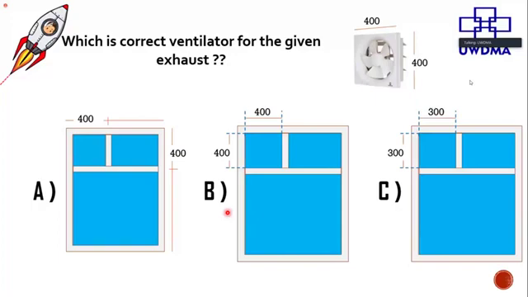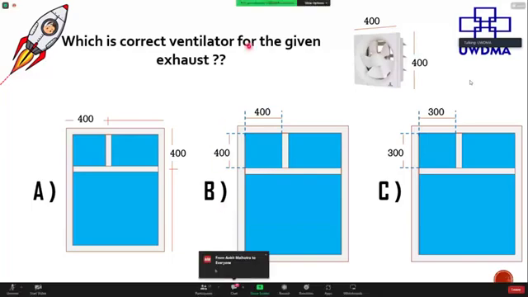Okay, so here is a small question. For this exhaust of size 400 by 400, which design, option A, B or C, are you going to go for?